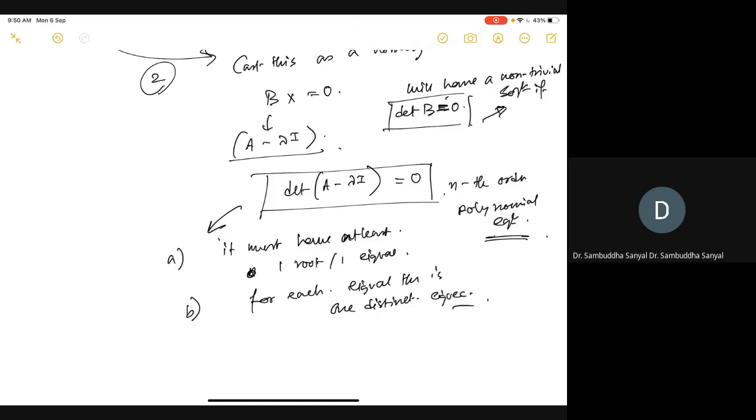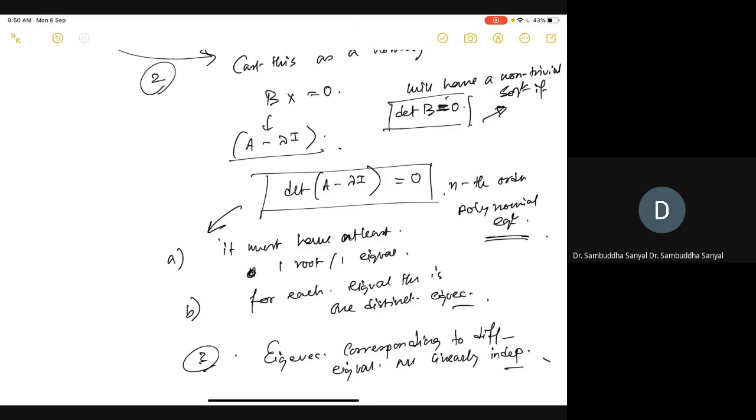And the third thing is that eigenvectors corresponding to different eigenvalues are linearly independent.